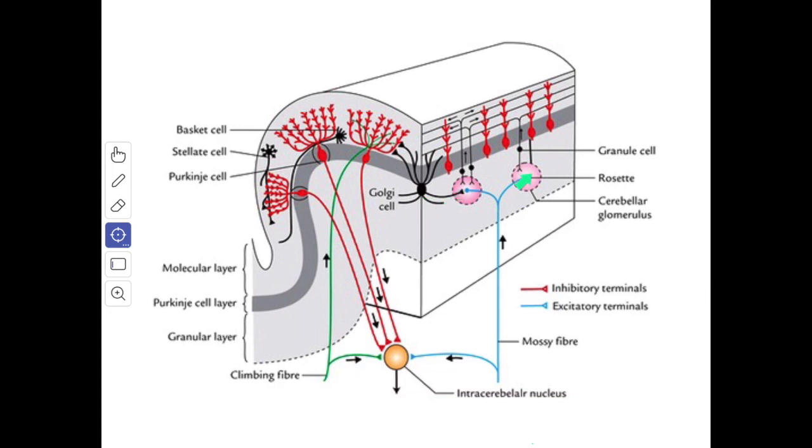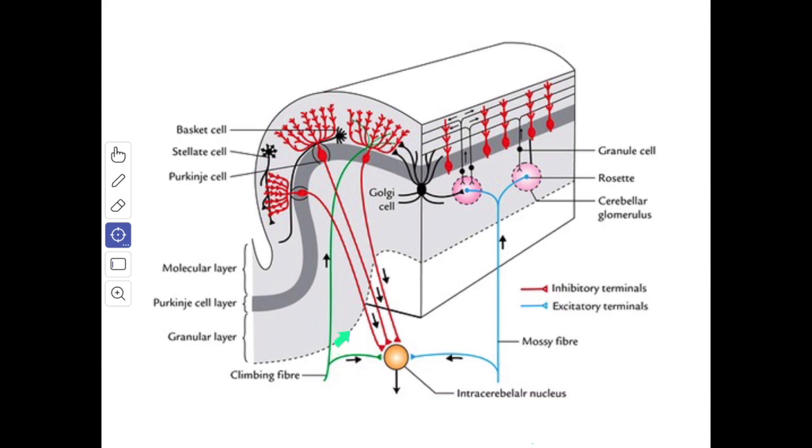The rosette with the synaptic contacts with the dendrites of the granule cells and the axons of the Golgi cells is known as the cerebellar glomerulus. Each glomerulus is surrounded by a capsule of neuroglial cells, and they appear spherical or ovoid in shape.